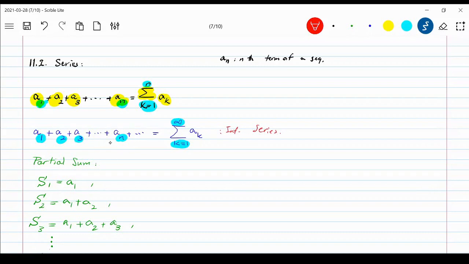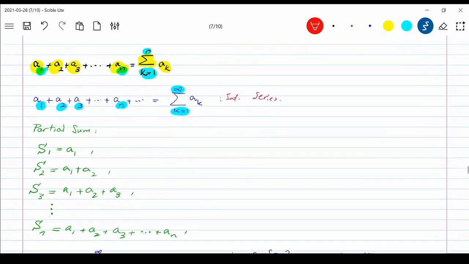Okay. Now, if you look at what would be the summation of this series, what you can do is focus on smaller portions. For example, if you only look at the first term, you can show that as S_1, which is the partial sum of the first term.